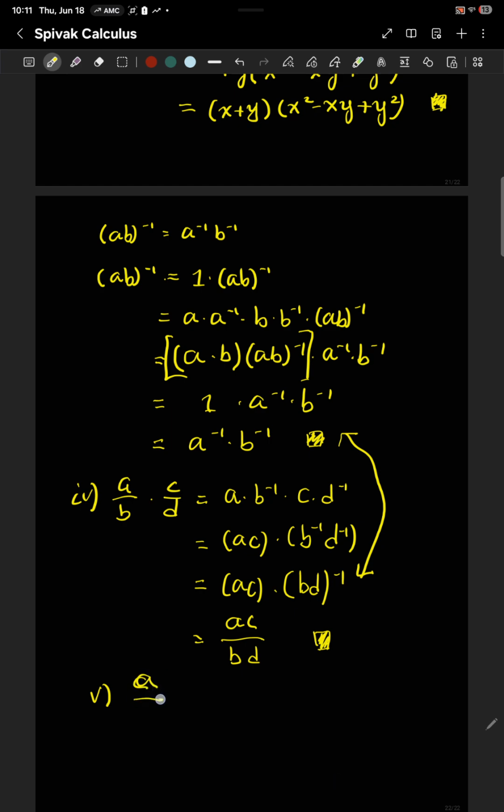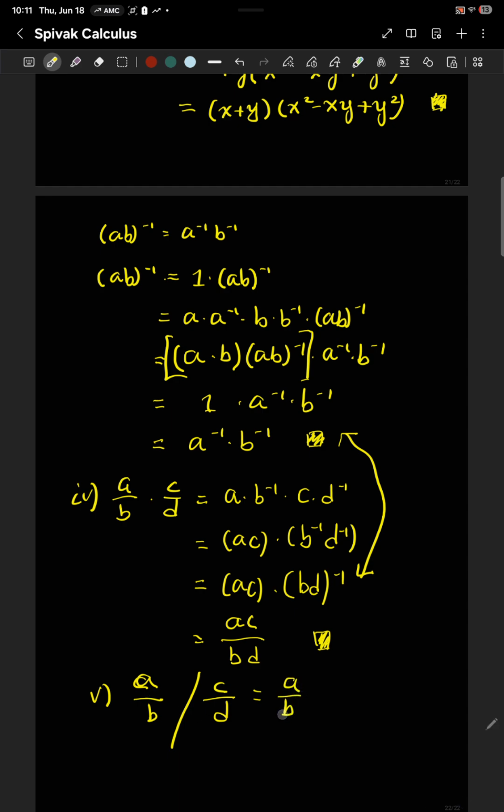Now number 5. A over B, divided by C over D, is equal to AD over BC. Let's remove the fact that we need to prove and see if we can get there. What does this division mean?